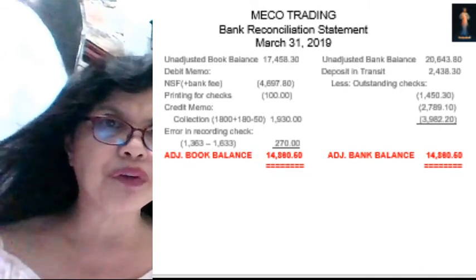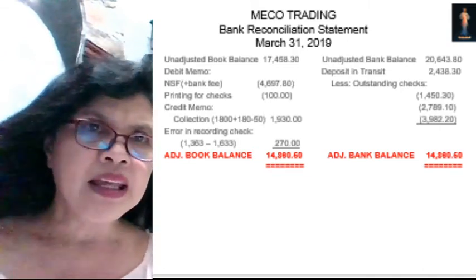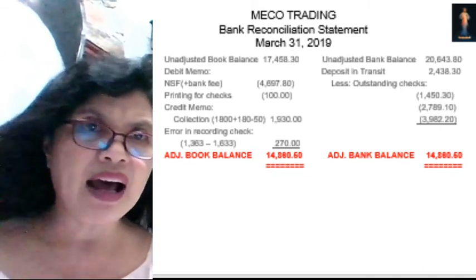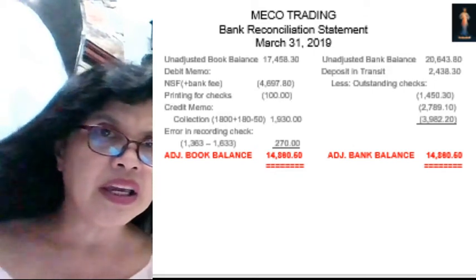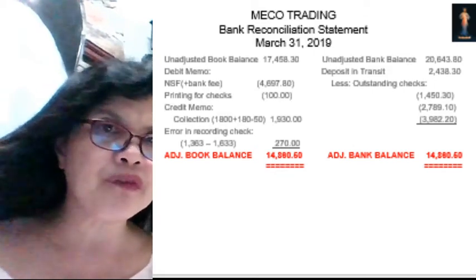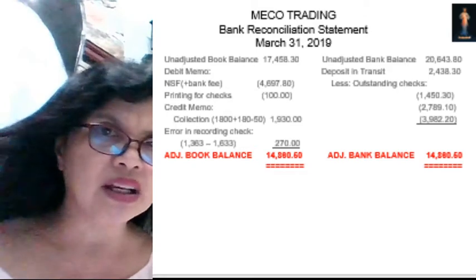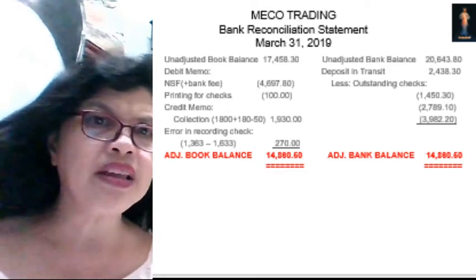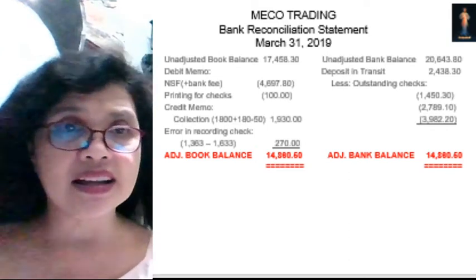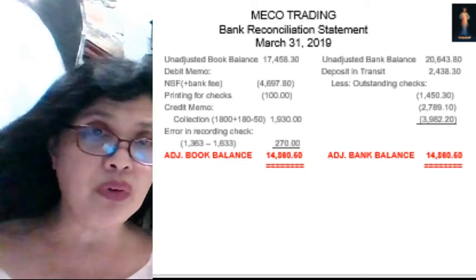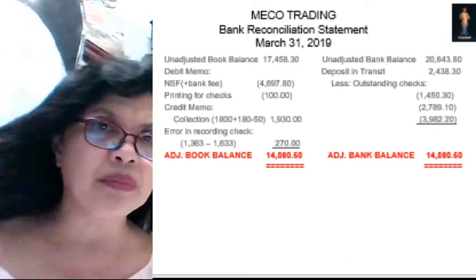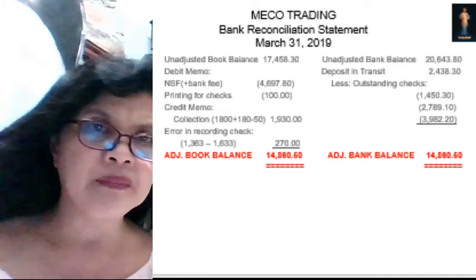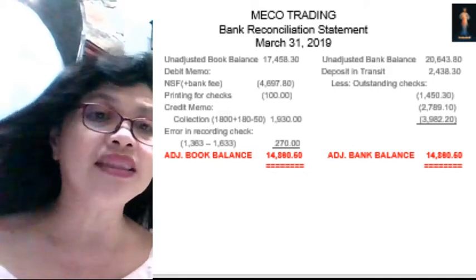Okay, let's start from the book. There is a debit memo, an NSF, plus the bank fee, so 4,697.80. So this has already been recorded in the bank, but not yet in the book. So we have to record it in the book balance as a deduction.